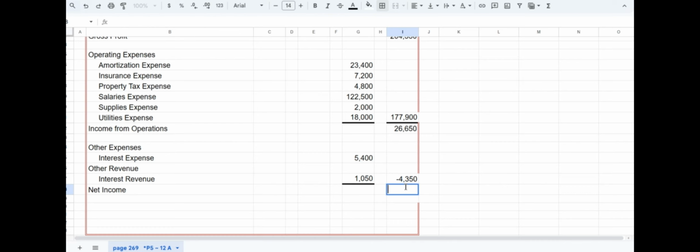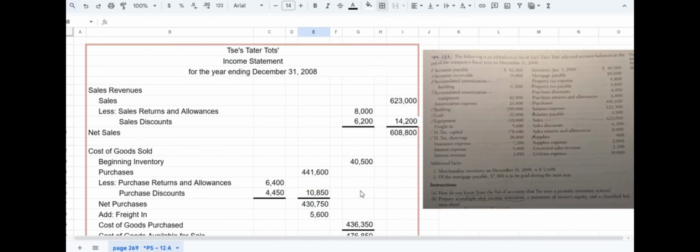So all we've got to do is 26,650 minus 4,350, and we get 22,300. And that is our net income. So this is it for this question.